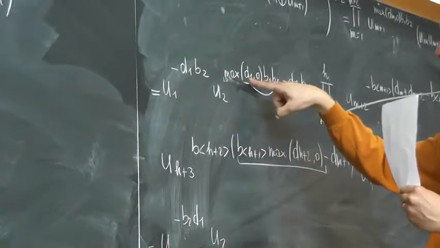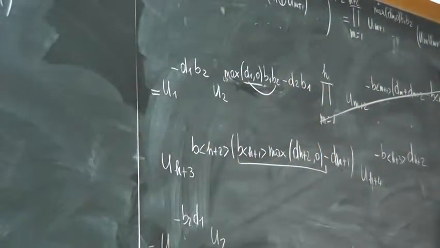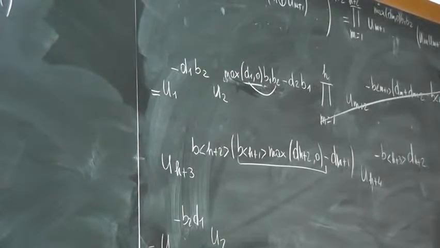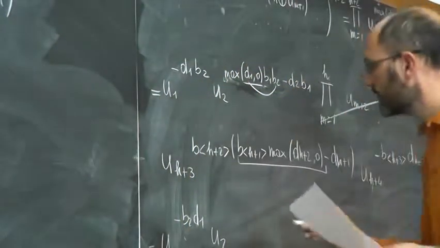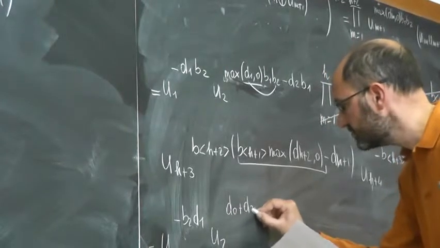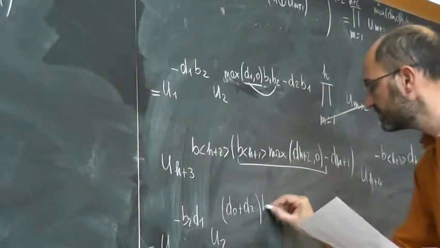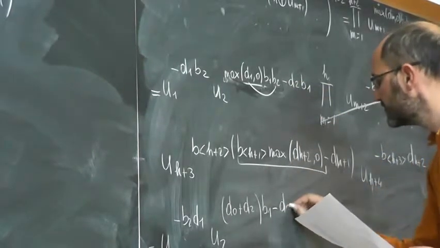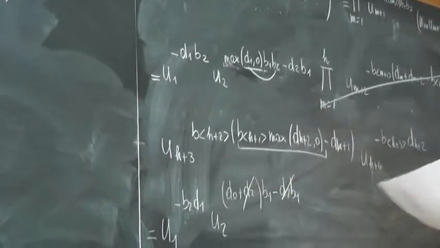The maximum between d1 0 times b2 is this with n equals 0. Correct? So it is d0 plus d2 times d1 minus d2 d1. Okay, so that these two cancel.